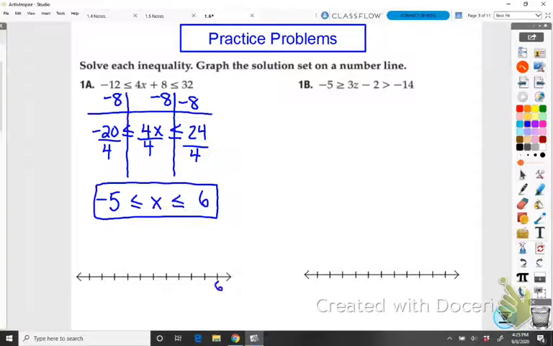So we'll say 6, 4, 2, negative 4, negative 6, negative 8. Okay. So these are both included endpoints. So you can include a negative 5, which is about here, so that's a closed circle. And closed on 6. And it's everything in between.